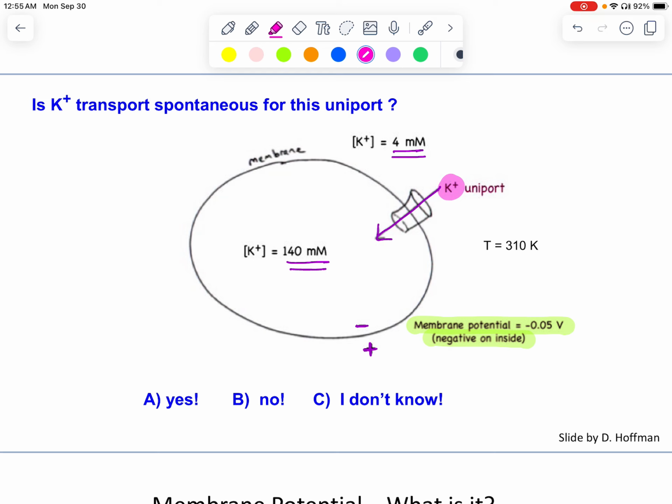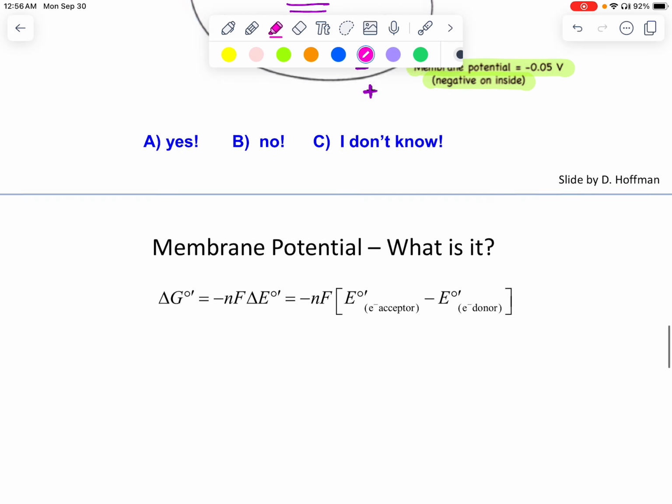My concentration tells me that this is not going to be spontaneous. But that membrane potential tells me that, wow, yes, the potassium would want to move in there. And so I need to figure out essentially which of these two wins. One's favorable, one's not favorable. And we know how to calculate the delta G for the concentration, but we need to know how to calculate it for the membrane potential.